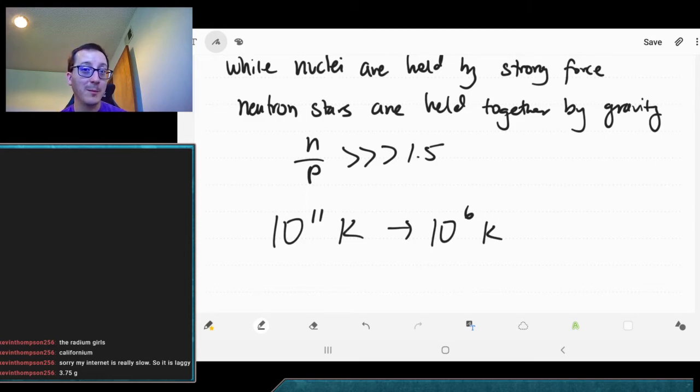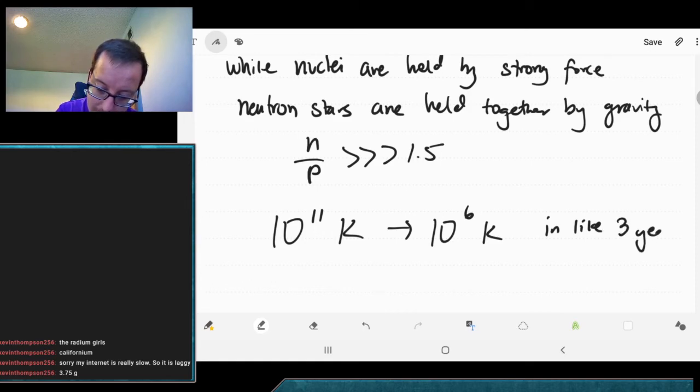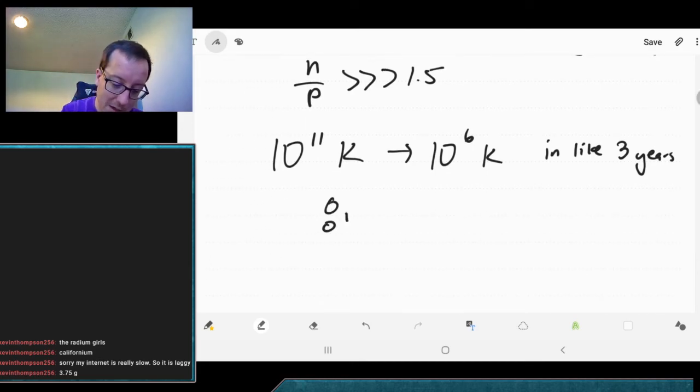That's a remarkable amount of heat transfer taking place in about 3 years, I don't know, somewhere around there. It's fascinating. They lose a ton of heat just by emitting neutrinos, which are tiny particles that can be released. Those come out, and those are the source of the radiation.